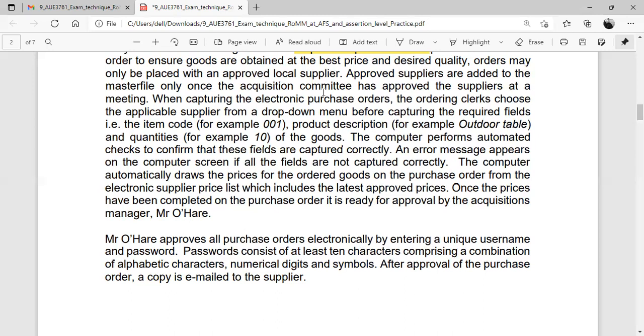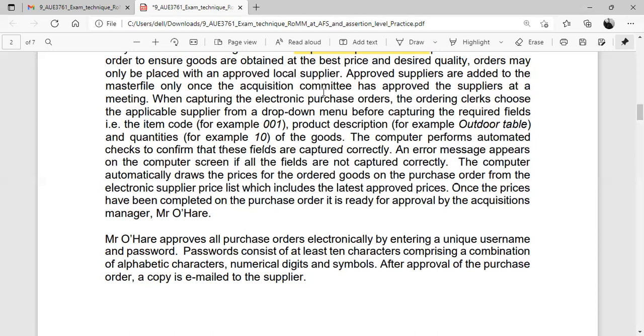You can also try to capture something instead of using the drop down, to see if it will allow you. Absolutely, just add a random supplier. If the system allows you to include some random supplier, it means that you can't rely on these controls.